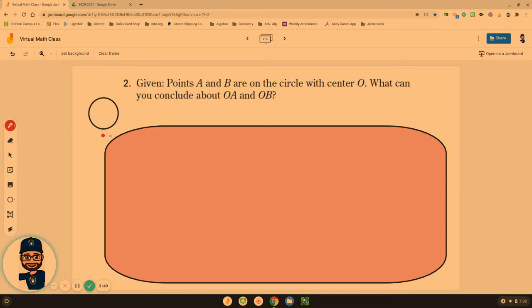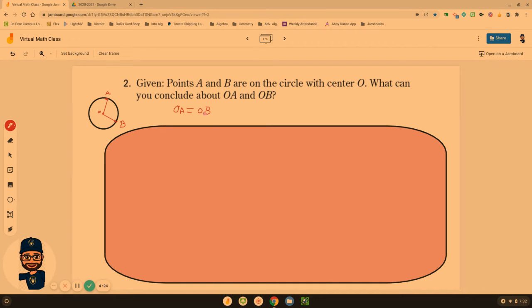Okay, and it has a center, which they are saying the center is point O. If I put A right there, and I put B, say right here, what can we conclude about OB and OA? Well, we can say that the distance from O to A is the same as the distance from O to B.